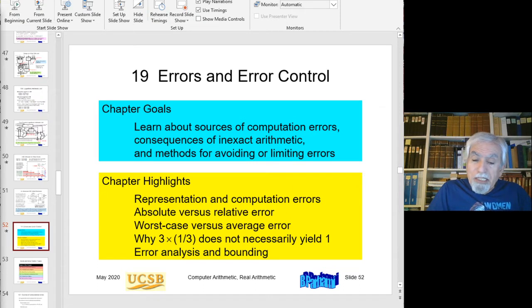Now, Chapter 19 is perhaps one of the most important chapters in our discussion. It deals with errors and error control. Basically, in this chapter, we develop an understanding of errors in floating point arithmetic, what causes such errors, and what we can do about controlling them.